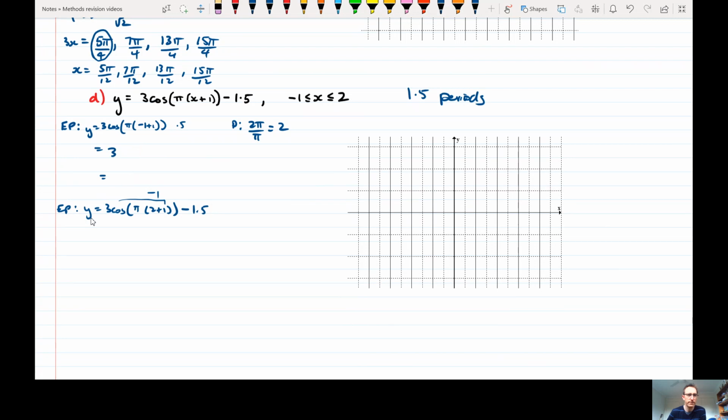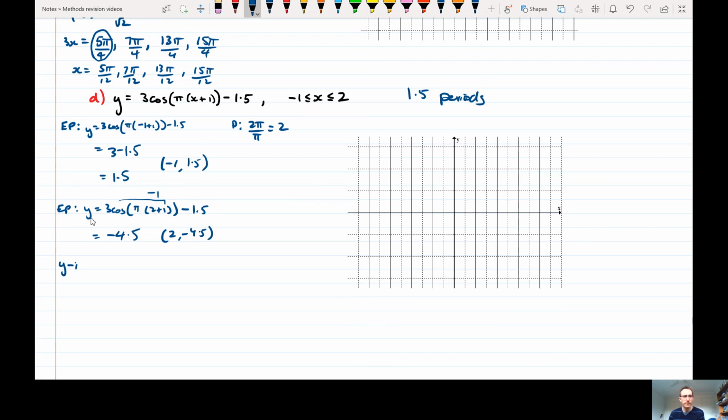Don't know why I wrote plus. That's minus 1.5. So you should get positive 1.5 there. Sorry. This one is going to be -4.5 because 3 times -1 is -3. Take away 1.5 is -4.5. So you have (-1, 1.5) and (2, -4.5) endpoints.